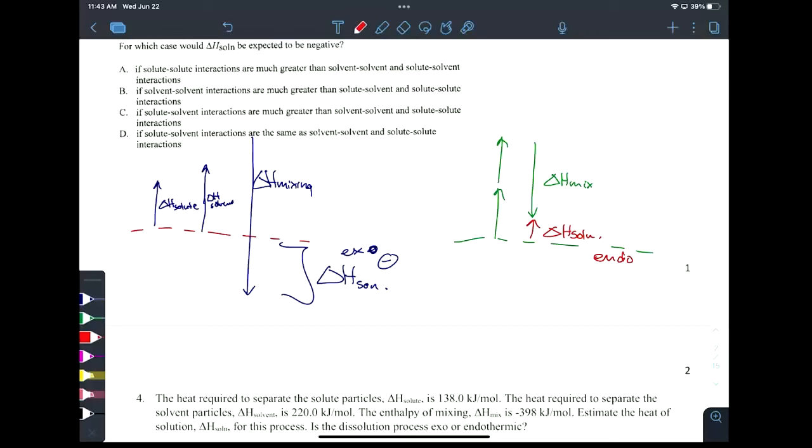Remember, like I mentioned, any positive delta H reaction that does happen spontaneously is because of entropy. So a positive delta H of solution is driven by entropy. The exothermic one, with a negative delta H of solution, is driven by enthalpy, meaning that we're making stronger bonds in our products.